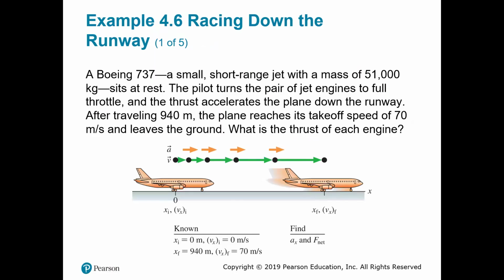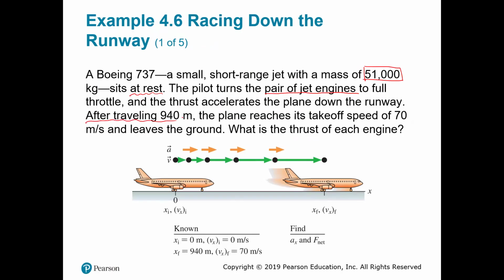Now it's a combination of your chapter 2 and chapter 4. You have a small airplane that sits at rest, and the mass is 51,000 kilograms. The pilot turns the engines on, so you have two engines, and the thrust accelerates the plane down the runway.